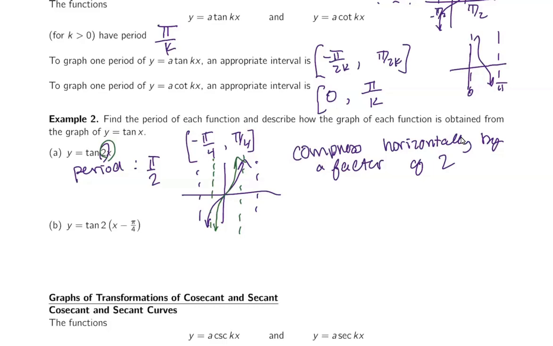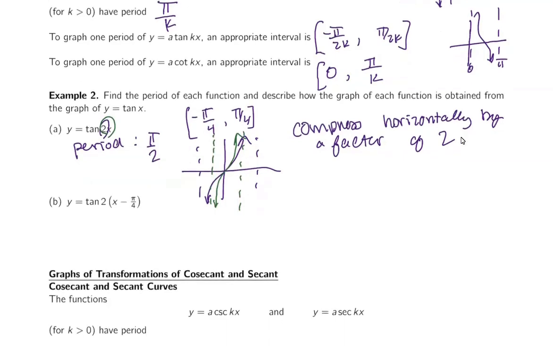If you watched a movie on 2x speed, well, it would take half as long to watch it, right? So if my function has 2x in it, then it actually takes half the distance for that to happen. And this rule works for all of our functions that have a period change. If we watch it on 2x, then it's going to take half the time. So my period then is half of what it used to be.